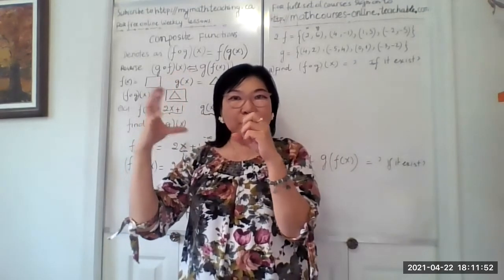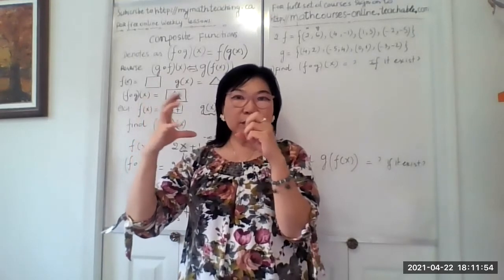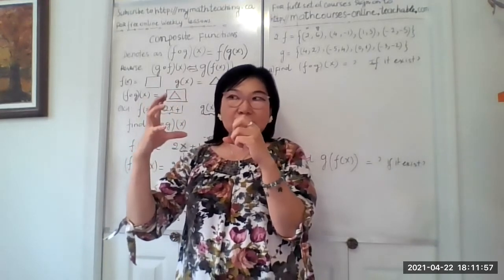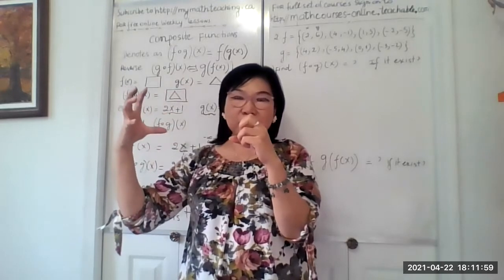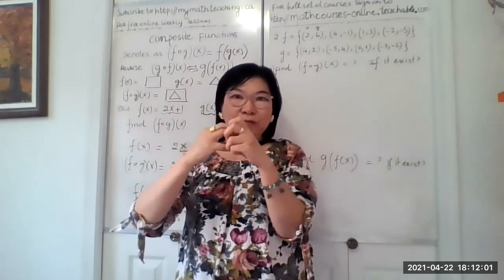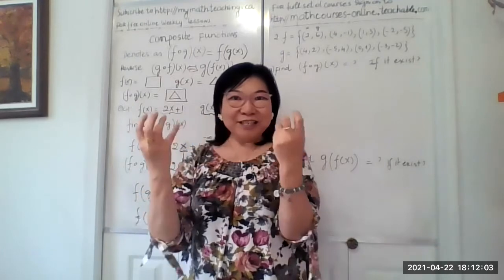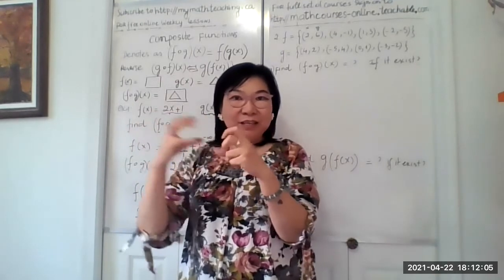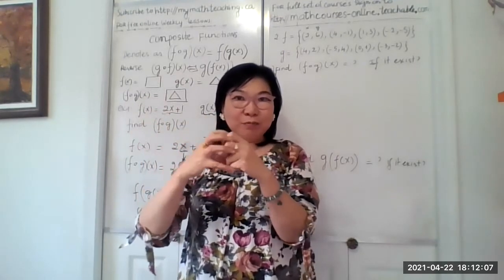And you want to ask, what is f of g of x? How are you going to put a big function inside the small function? It doesn't work that way because this is too big and you cannot put it in.